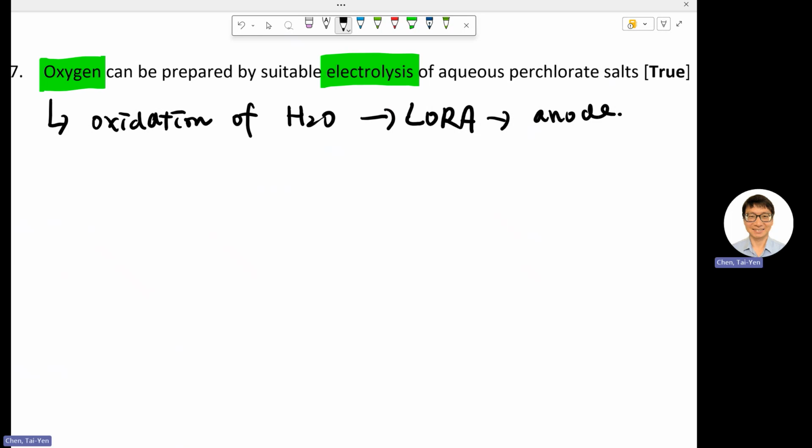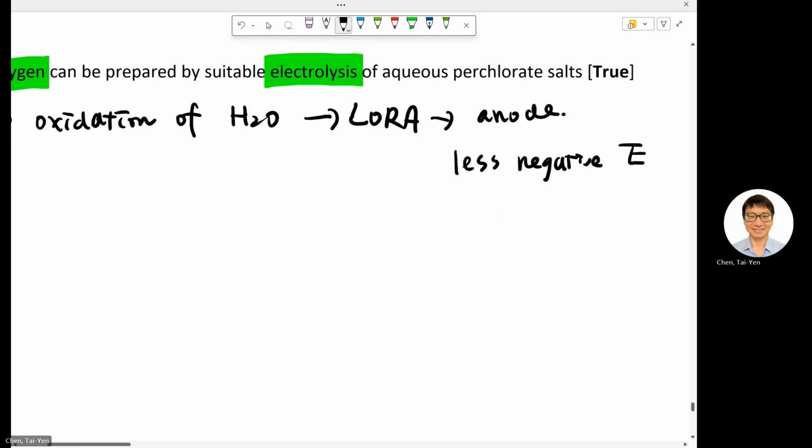And then you should be looking for the less negative oxidation potential. Okay, so these are the original concepts from the previous questions, right?